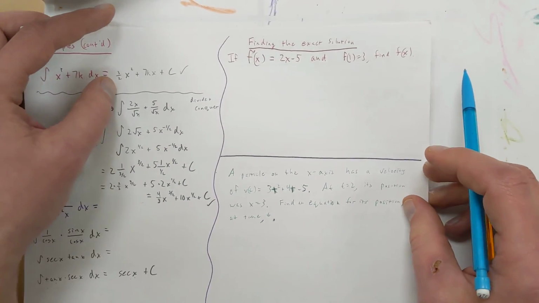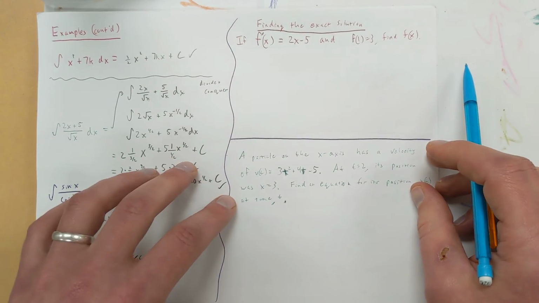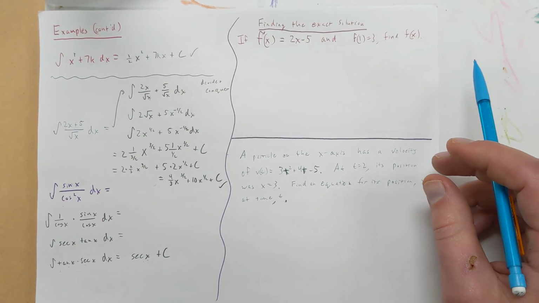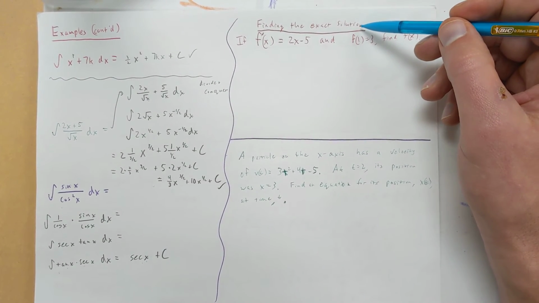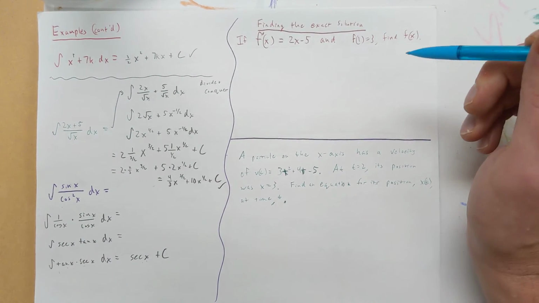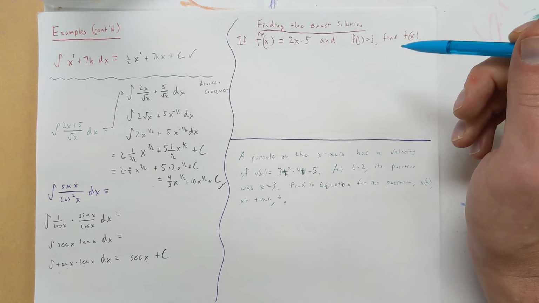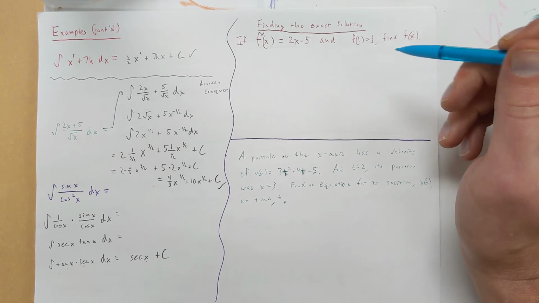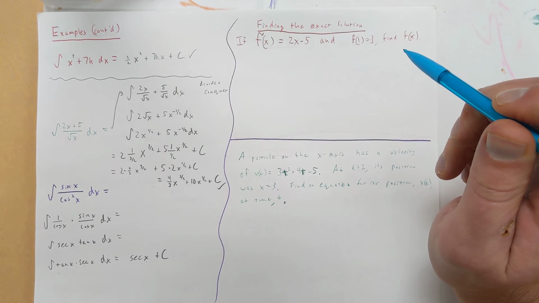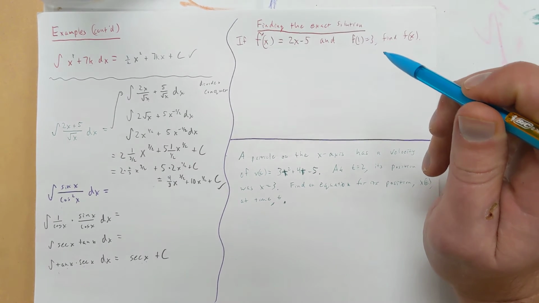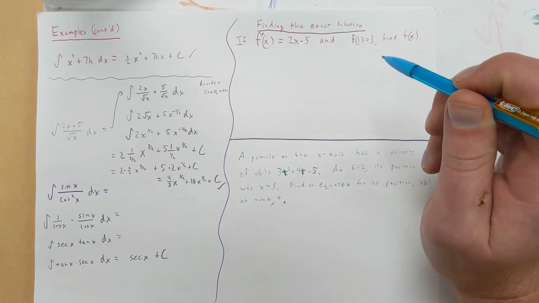Okay. Now, though, here's where we get to the super fun stuff. Finding an exact solution. So we can't find an exact solution unless we know at least one point on the original function, f.